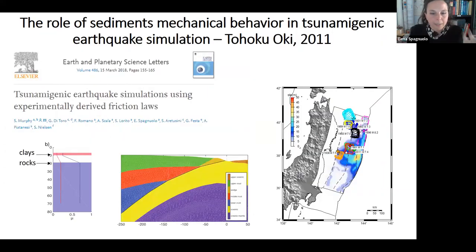So sediments are important. In fact, we have at least a couple of examples of recent models that try to incorporate the mechanical behavior of sediments. One of the major achievements in the last years is the fact that the computational time now permits introducing this kind of detail.